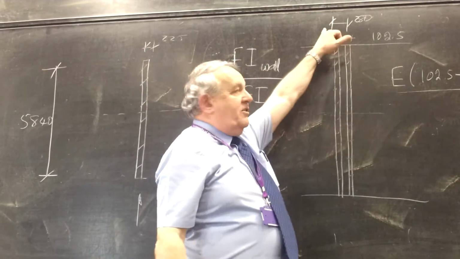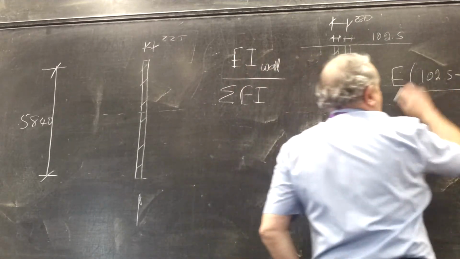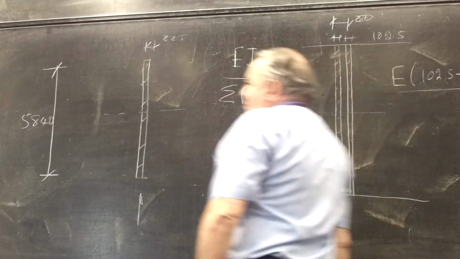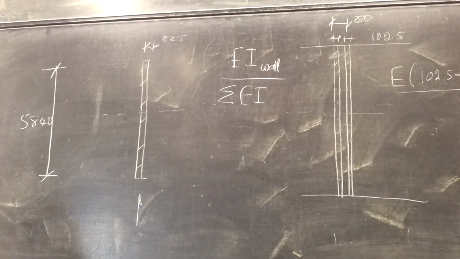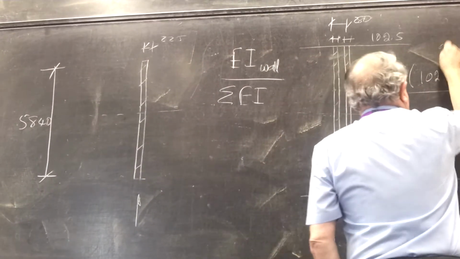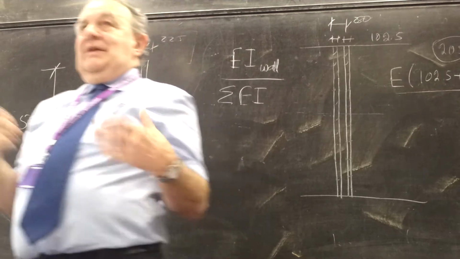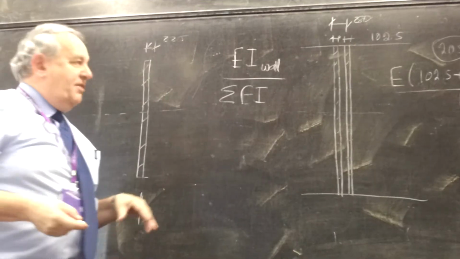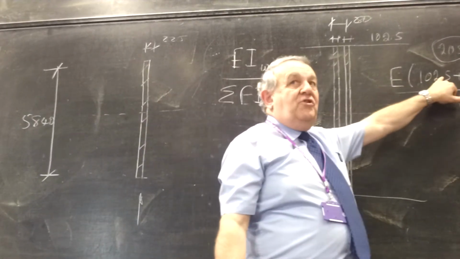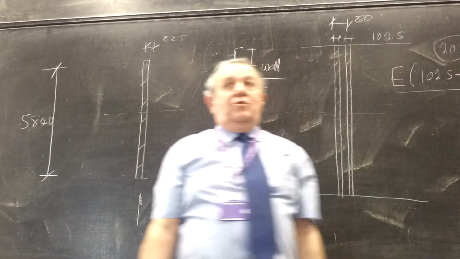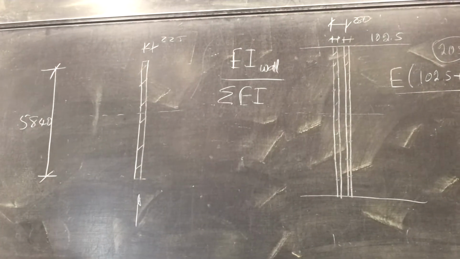So the fact it's overall 280, you don't use 280 in there. Again, sometimes in a problem like this, people say, oh, the overall wall's 280 thick, and they'll use 280 in there, which would be wrong. So you've just got to think about what it is that we've got.